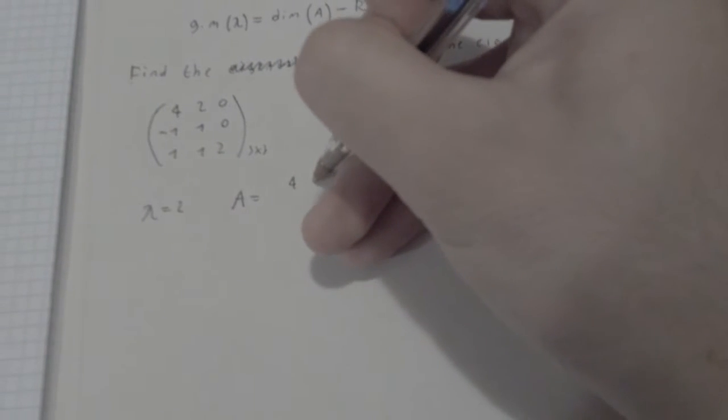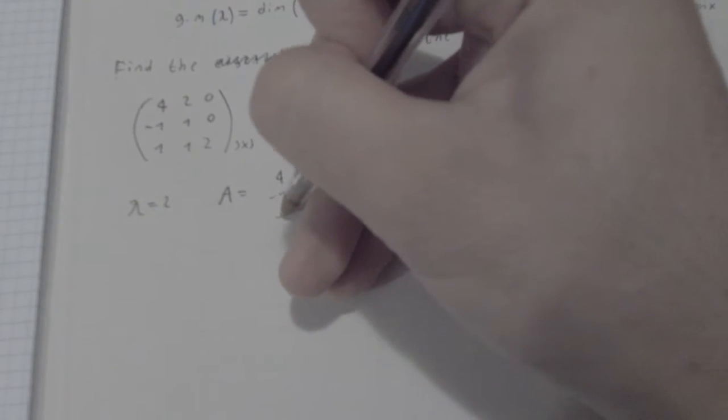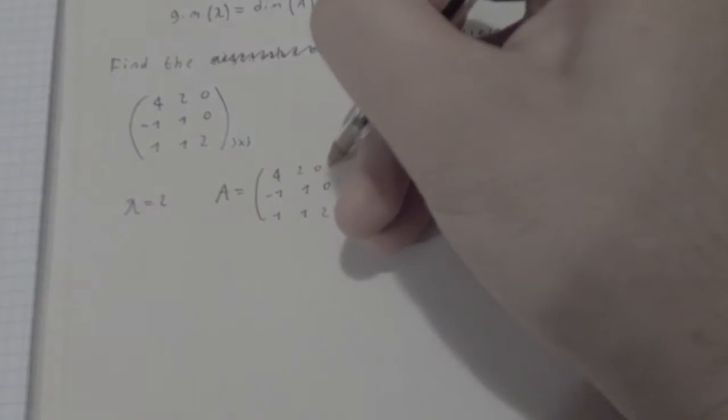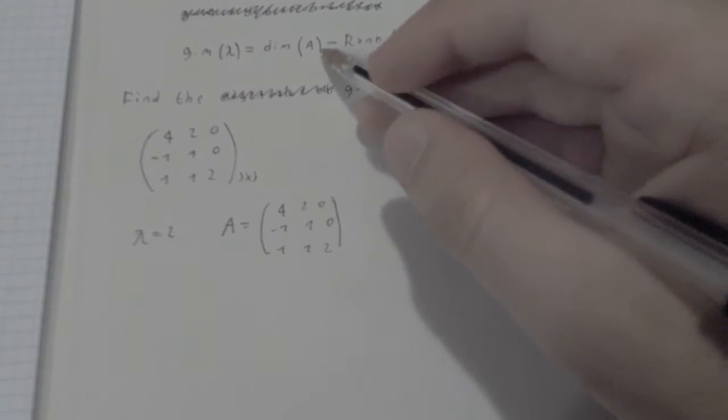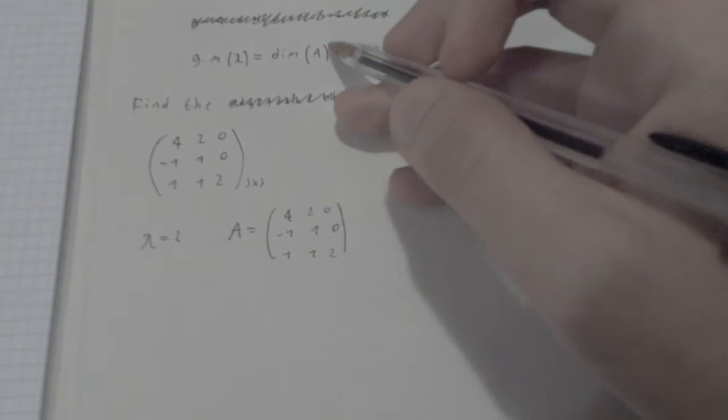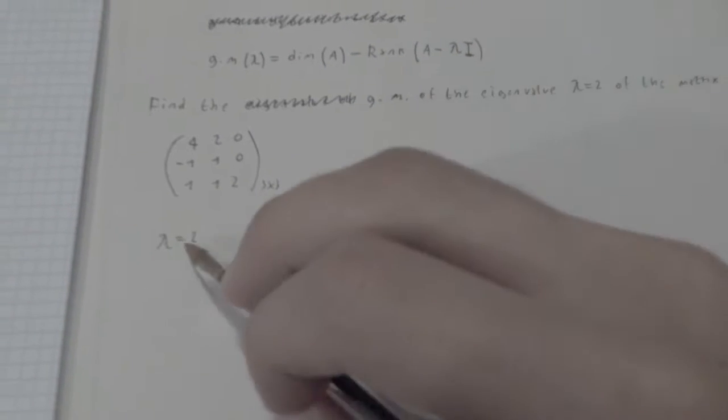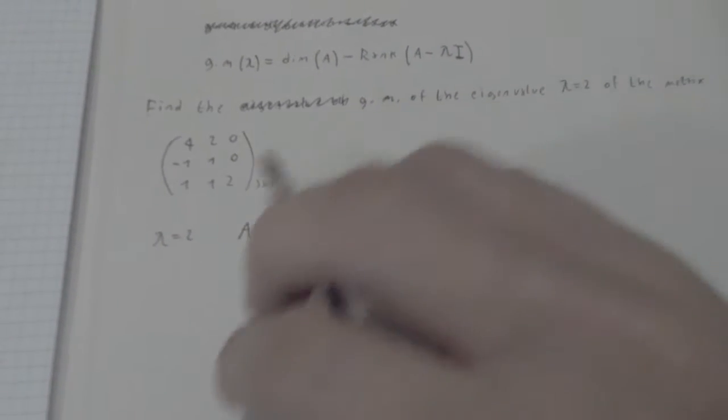Of course our A is equal to this matrix here, 4 2 0, negative 1 1 0, 1 1 2. A is the one that I use in the formula, so this is our A and this is our lambda, the eigenvalue.